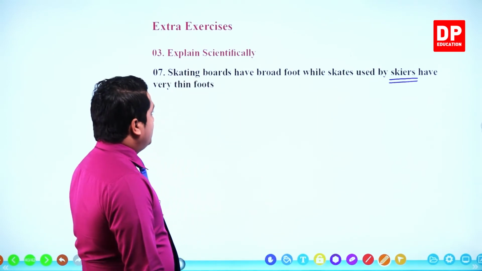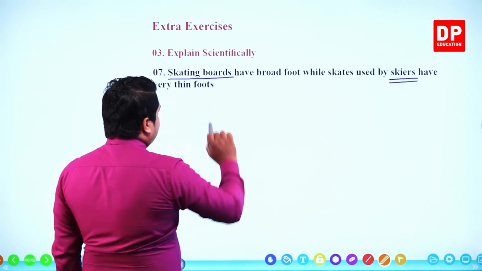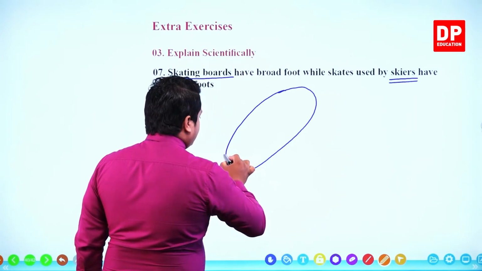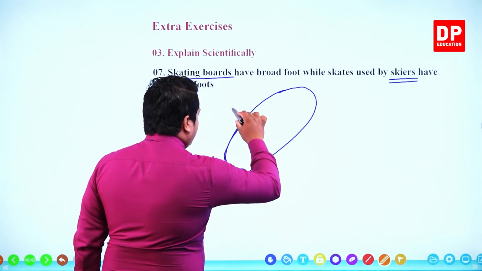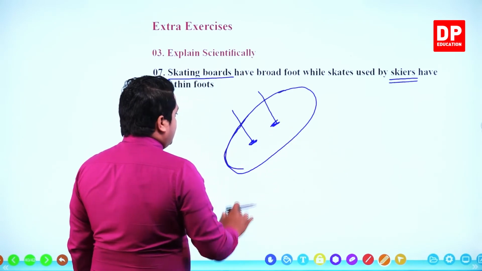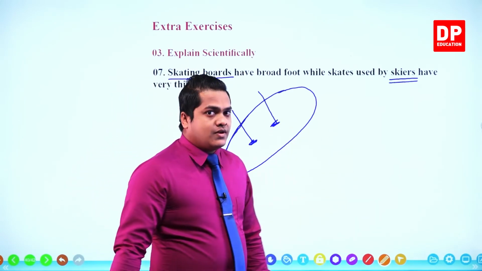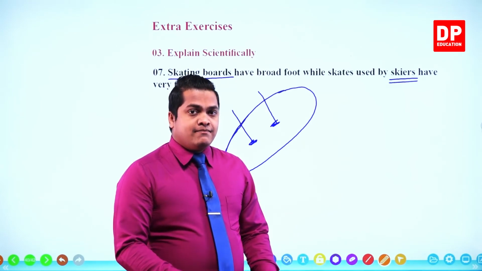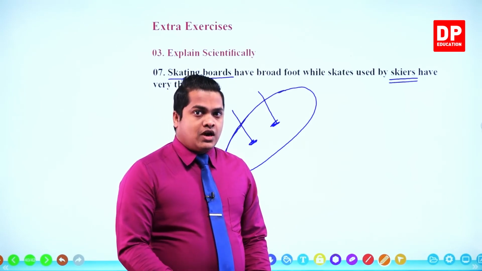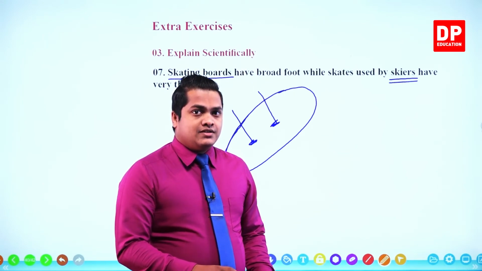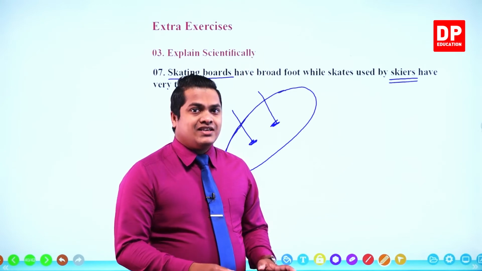But however, skating boards, they are like this, no? This is the skating board. Now person is fixing his foot to here, then he is going to move on snow. Skating boards are moving on snow. However, skiers are moving on ice.